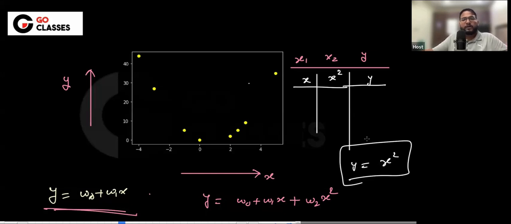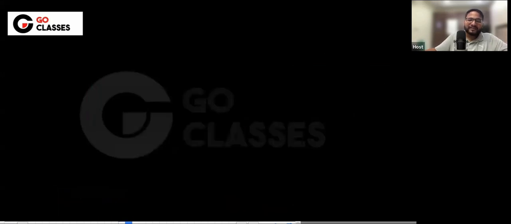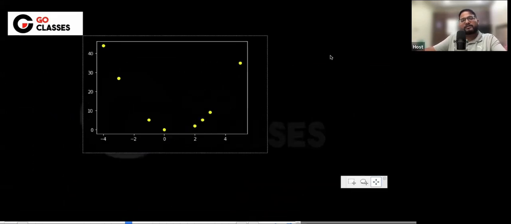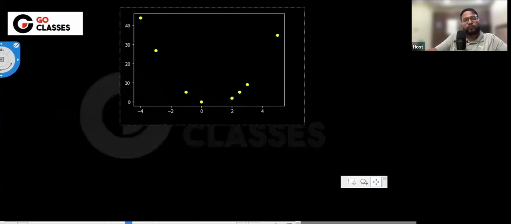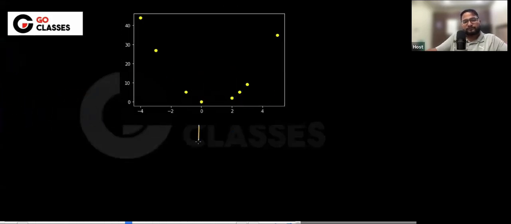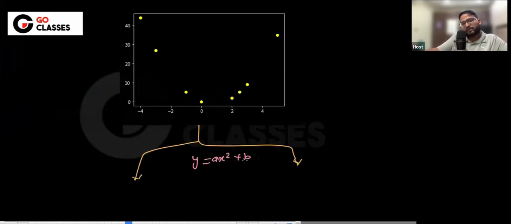But you can also think in this way, that there is a linear relationship between y and x square. Looking at this, you can say it in two ways. The formula is the same, it doesn't matter.